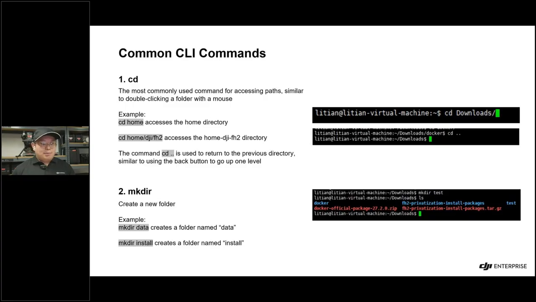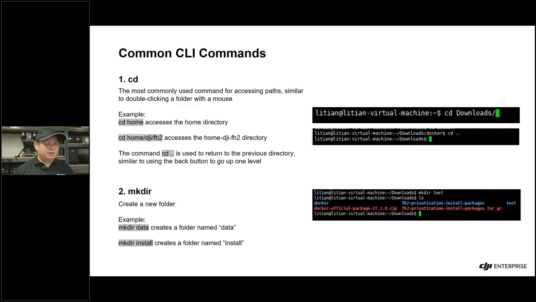The second one would be mkdir, another frequently used one. Let's say you want to create a new folder or a new directory for your FlightHub 2 on premises installation. You go to your directory and say, okay, I want to make a folder. Type mkdir, then space. If you want to create a folder named data, you just add data after the space.